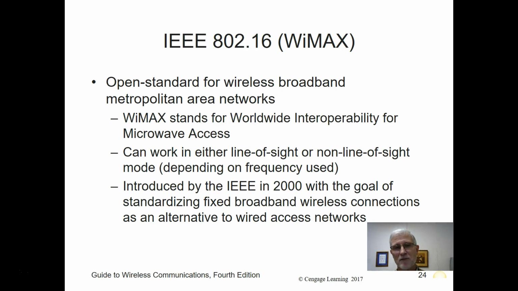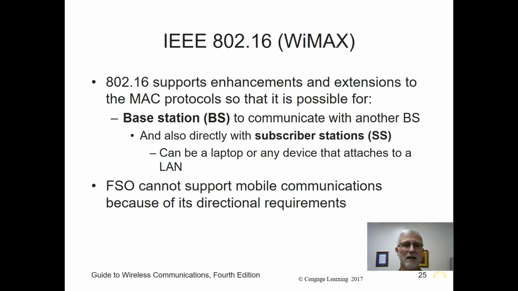So if you're looking at setting up a metropolitan area network, you can use the WiMAX standards. It stands for Worldwide Interoperability for Microwave Access. It can work either line of sight or non-line of sight, depending on which frequency you're going to use. It was introduced in about 2000, trying to standardize some of the communications.